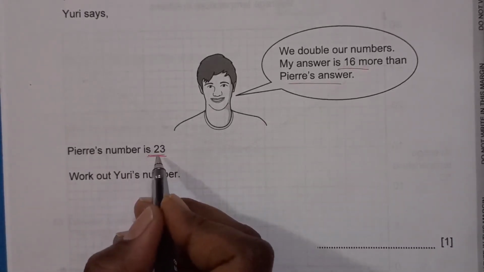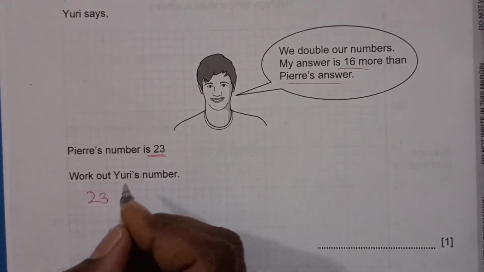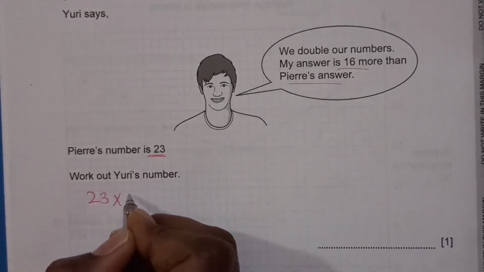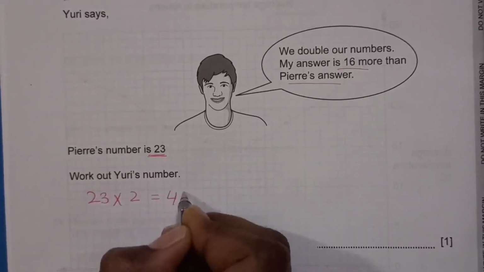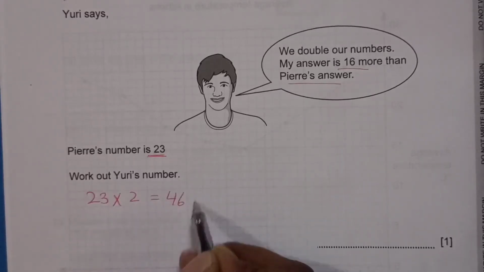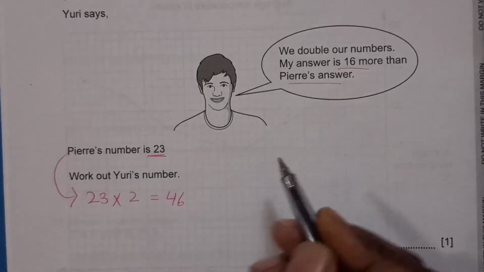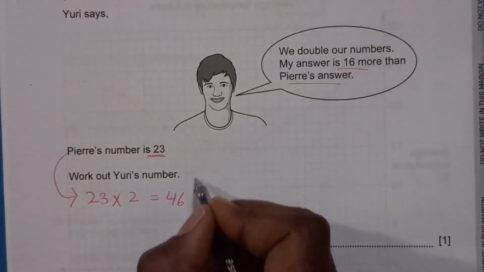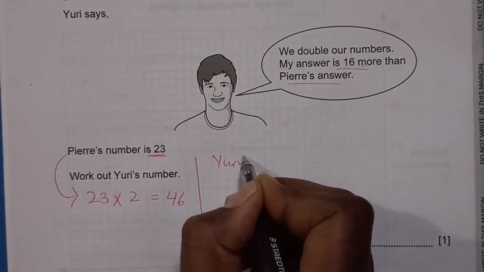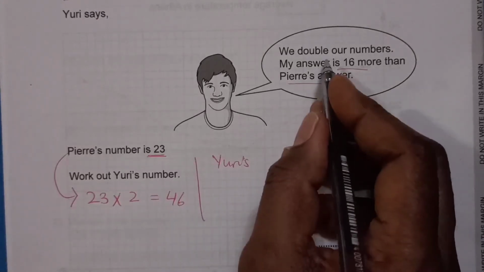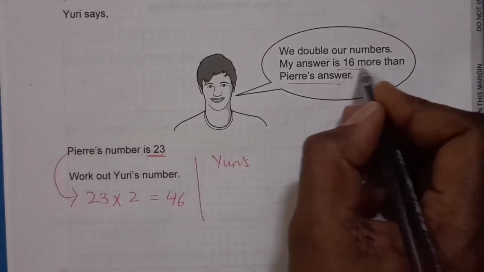So Perry's number is 23. If we double it, this will become 46. And Yuri's answer, he said it is 16 more than this.